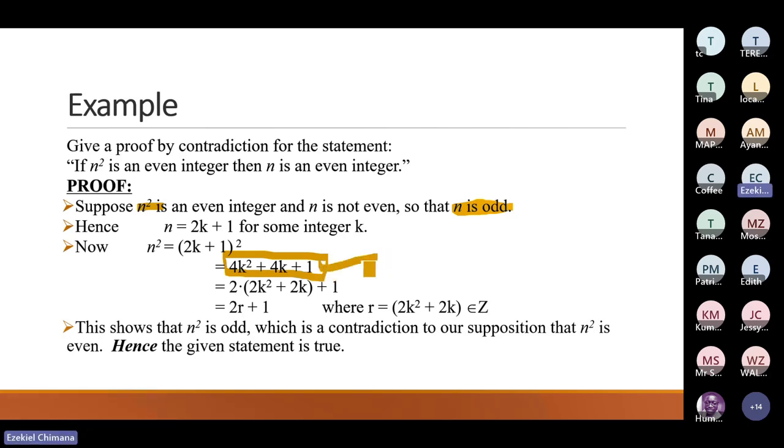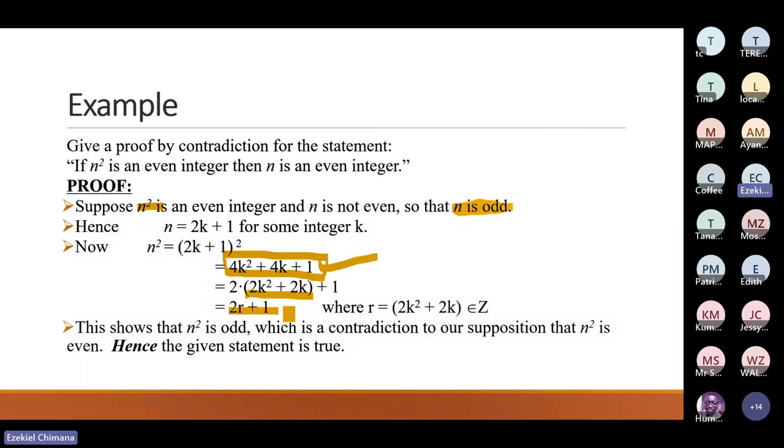After getting this, if you factor out 2, you are going to have 2 times (2k squared plus 2k) plus 1. So if you take this whole bracket as r, you end up having something in the form of 2r plus 1, which is an odd number.